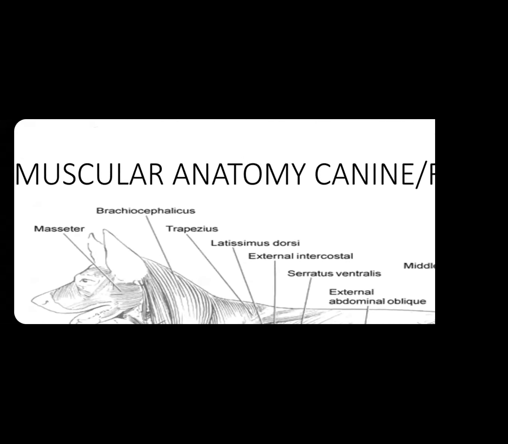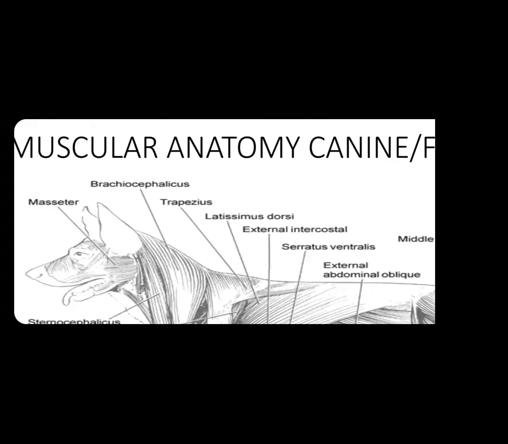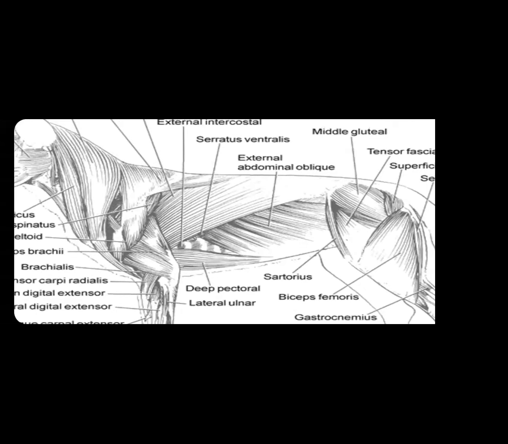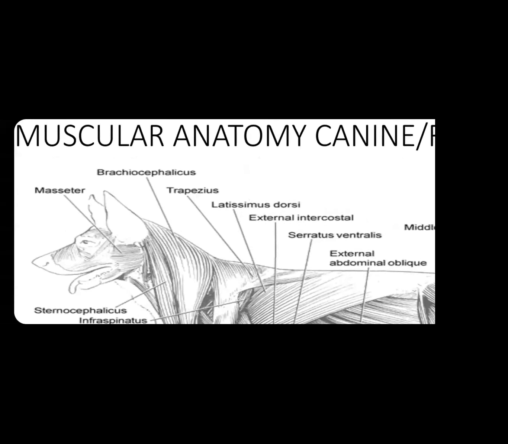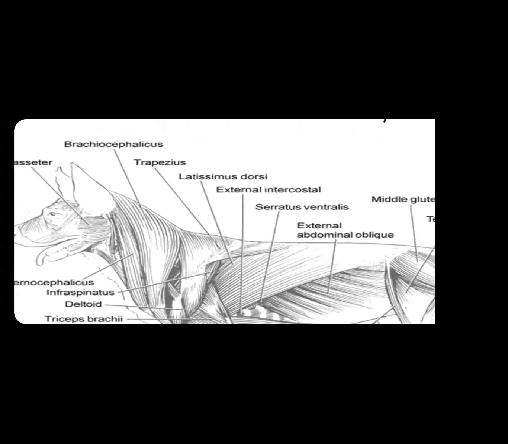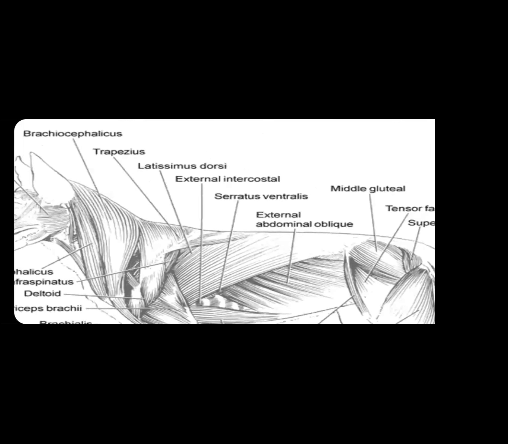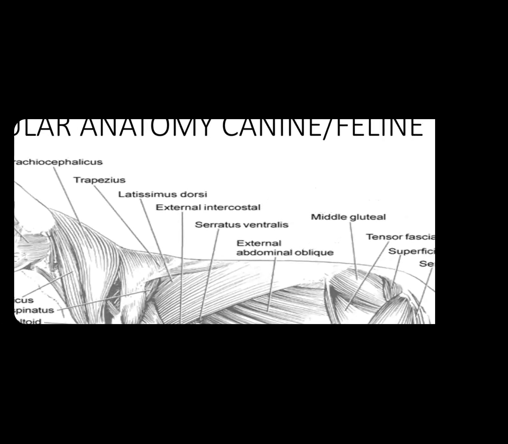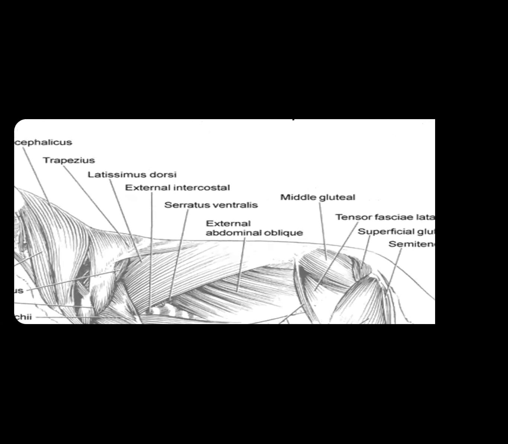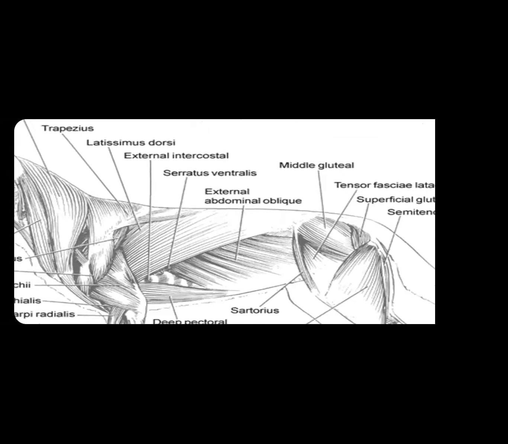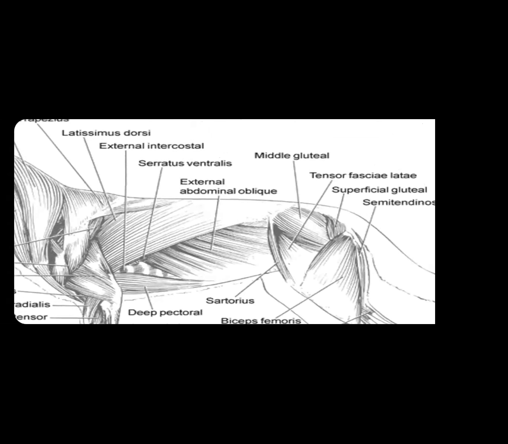Then on the back there, the first thing we've got is the brachiocephalic muscle, which attaches down onto the foreleg. Then we've got the trapezius muscle here, which is also attaching to the top of the foreleg or forelimb. Then we've got the latissimus dorsi, which is running all the way to the dorsal part of the muscles. We've got the serratus ventralis, the external abdominal oblique.